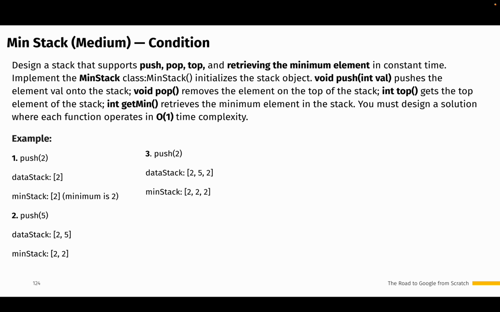And also we will need to implement another method which will return the minimum element of the current stack. And one very important condition is that this method, which will return the minimum value, should work in time complexity O(1).